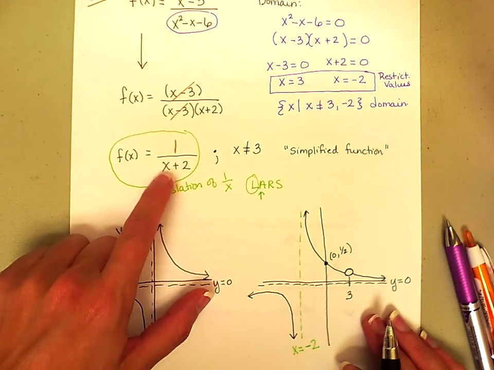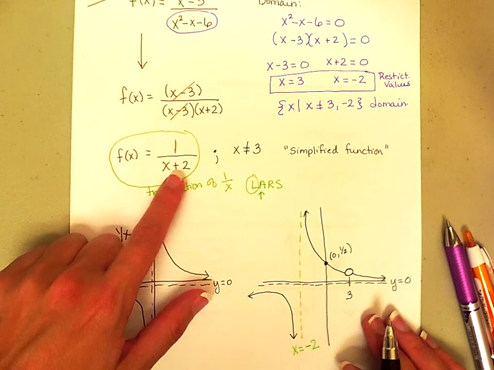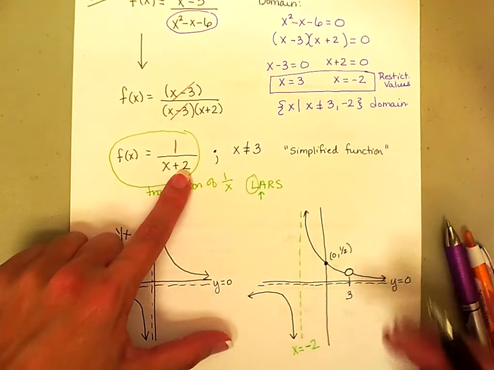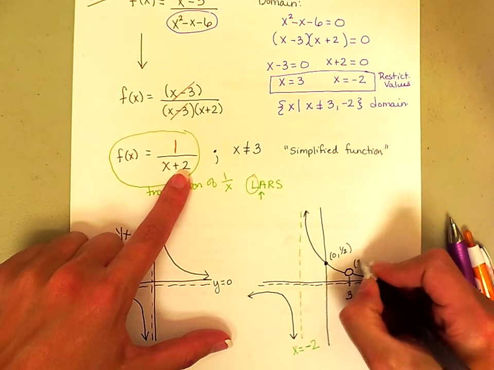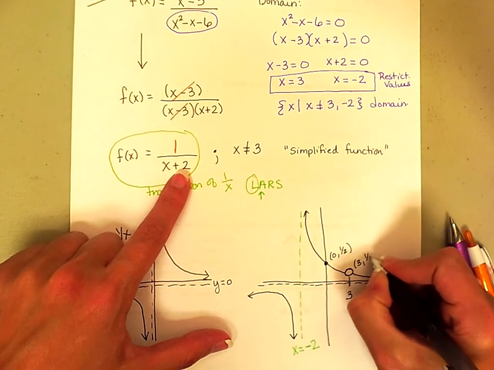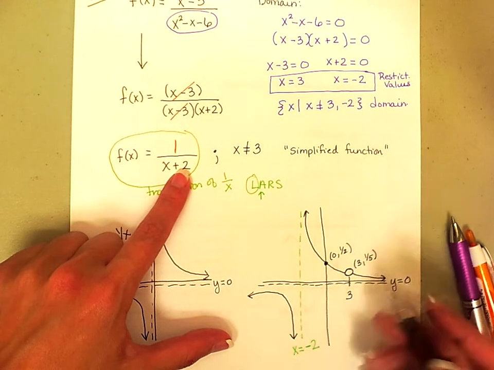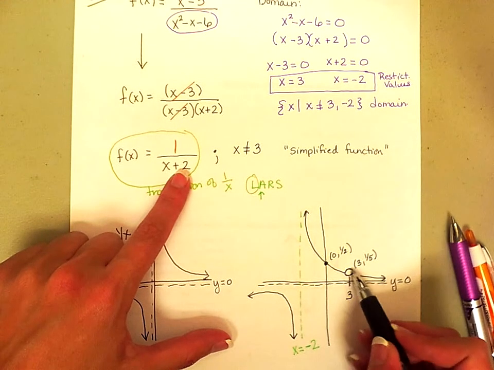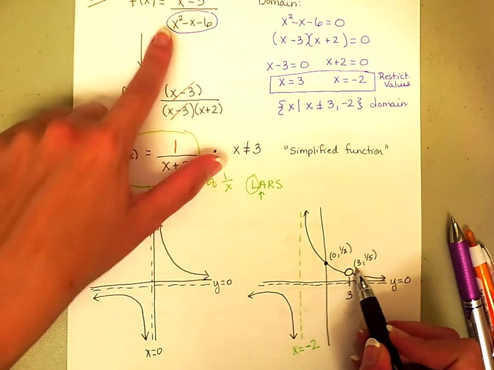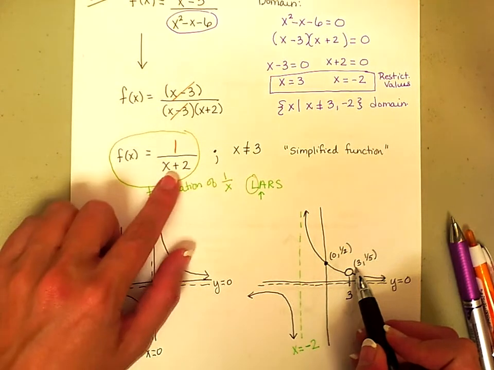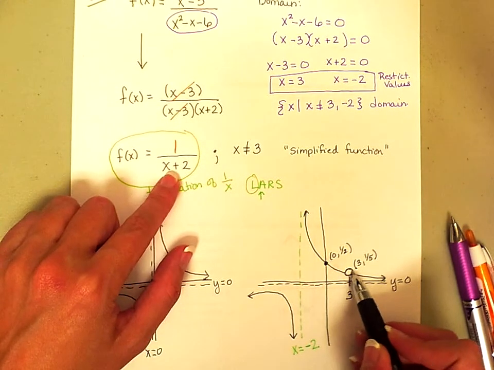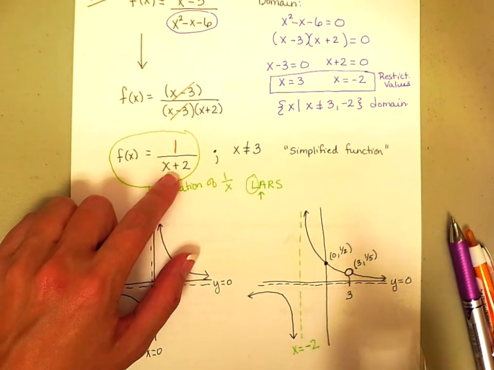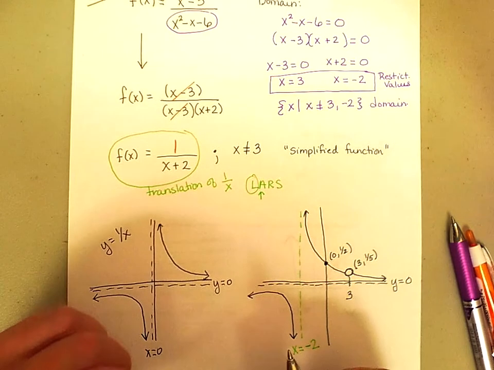So if x were to equal 3, I would get 1 over 3 plus 2, which is 1/5. So even though this circle, this point, does not exist on our graph, we can determine the exact coordinates of what this would be.